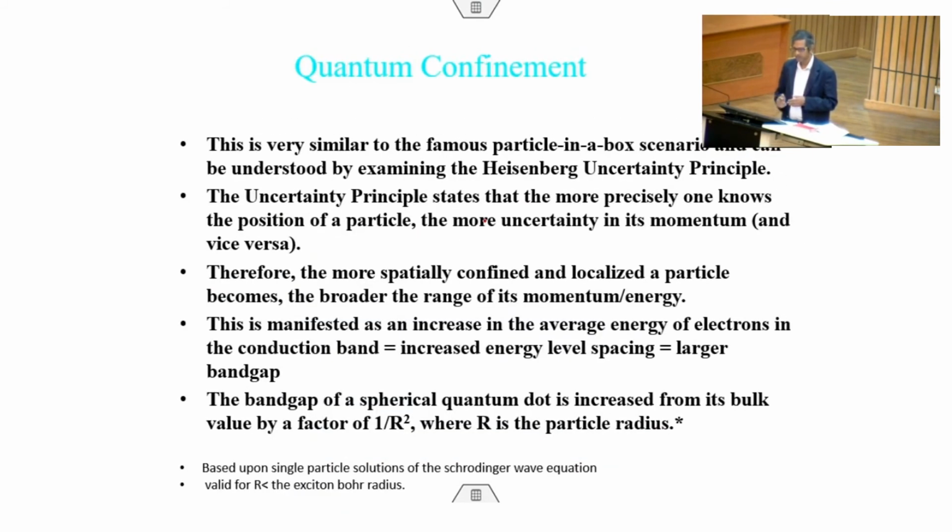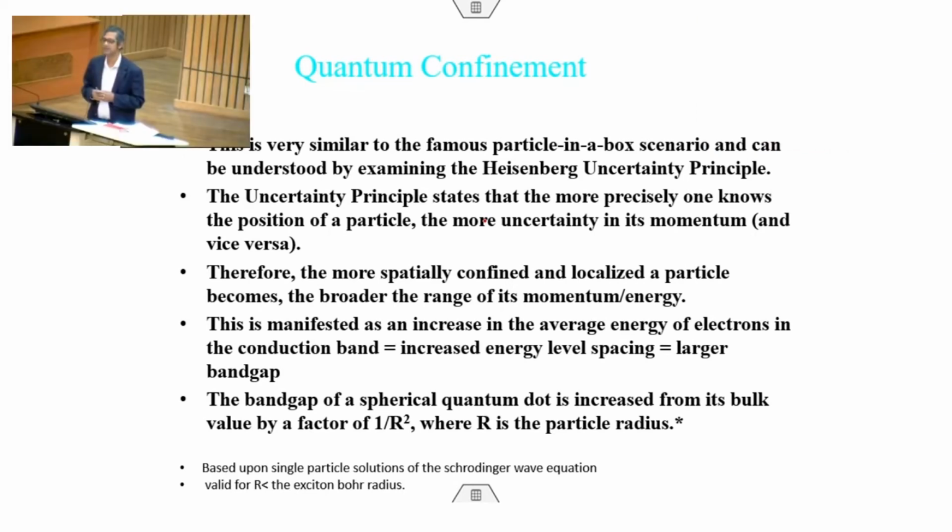So, quantum confinement is a very simple problem. It is similar to the famous particle in a box situation, and can be understood by simply examining the Heisenberg uncertainty principle. What does it tell us? It says that the more precisely you know the position of a particle, the more uncertainty you have in momentum, right.